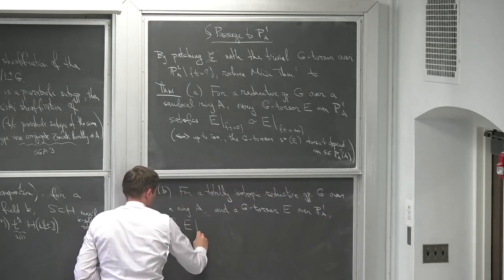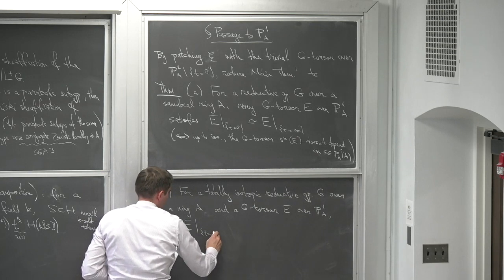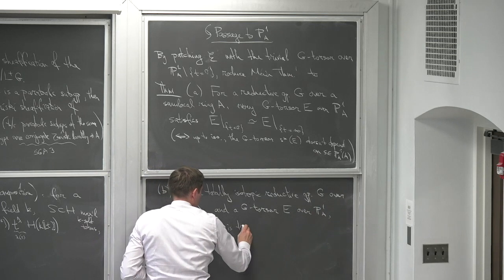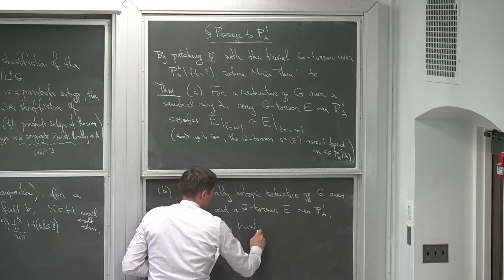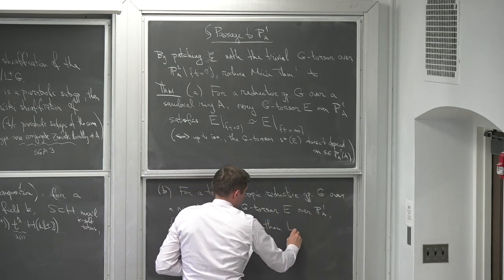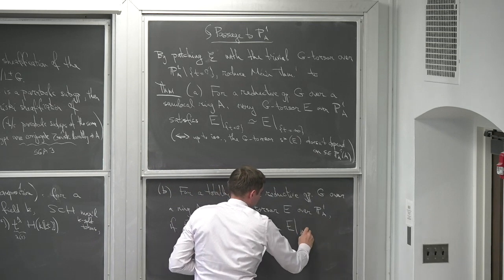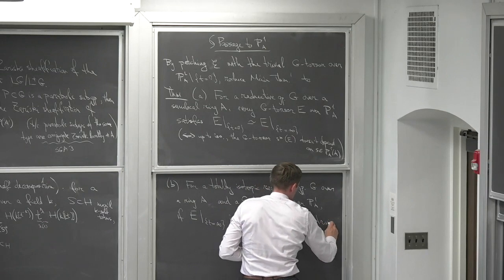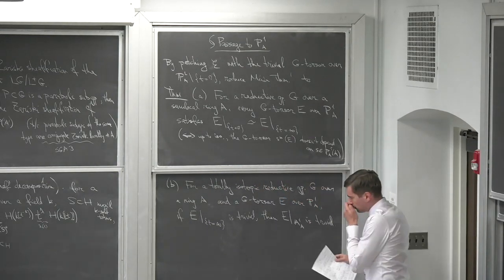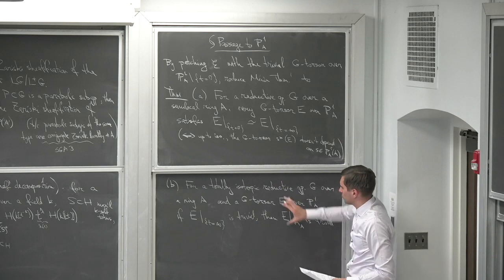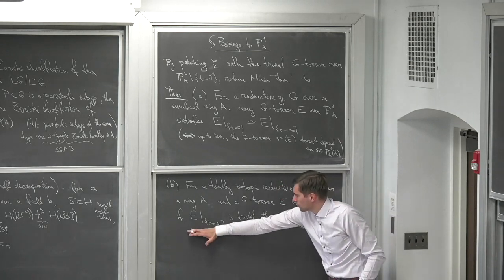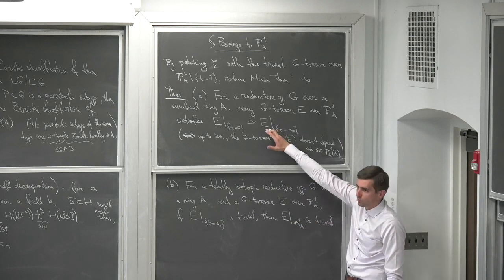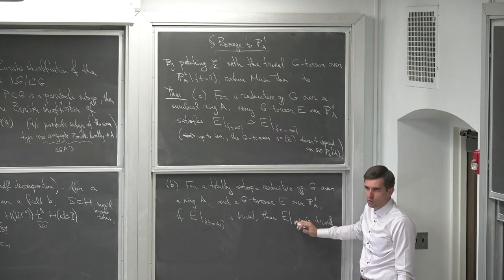If this torsor restricted to infinity is trivial, then the torsor restricted to A1 is also trivial. That's right. If the torsor is trivial at infinity, then it's also trivial not only at the zero section, as part A would imply, but actually on all of A1.